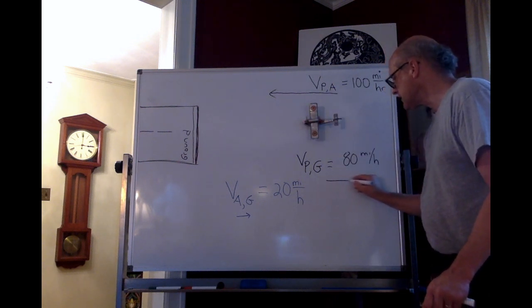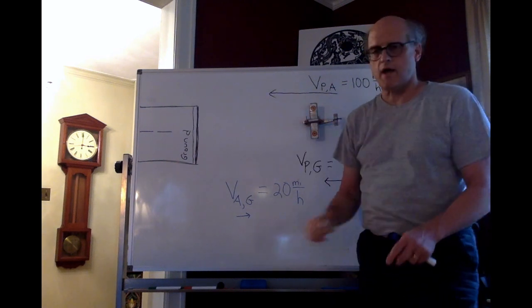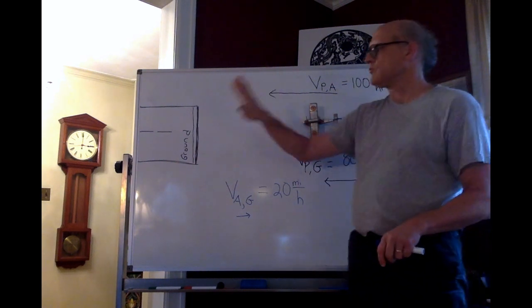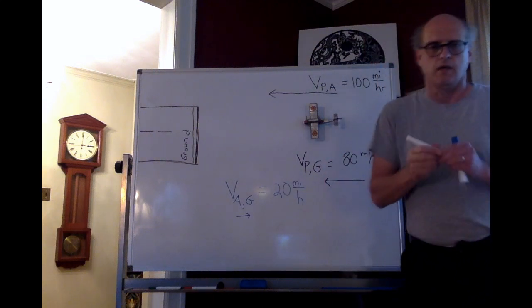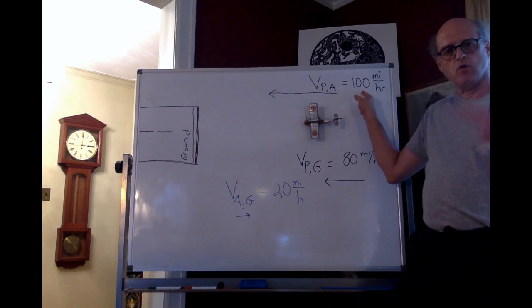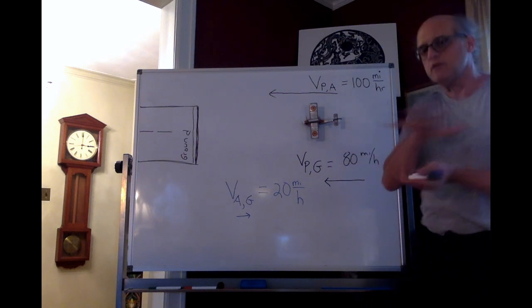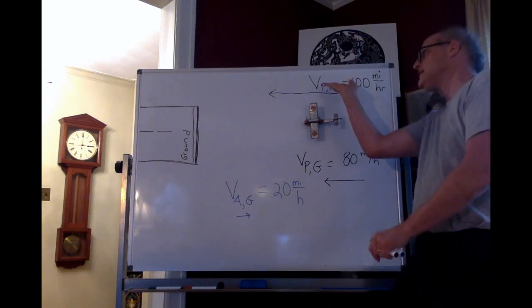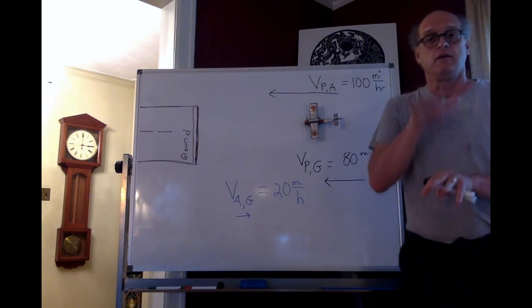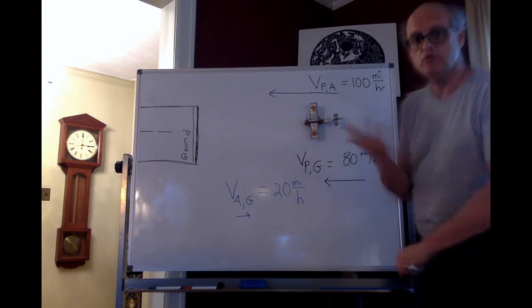So that's how fast the plane will travel relative to the ground, relative to the runway. Notice that that's less than the minimum speed required for lift, but that's okay because this is relative to the ground. This is relative to the air, which is responsible for its lift. Okay, so let's take a look at this.